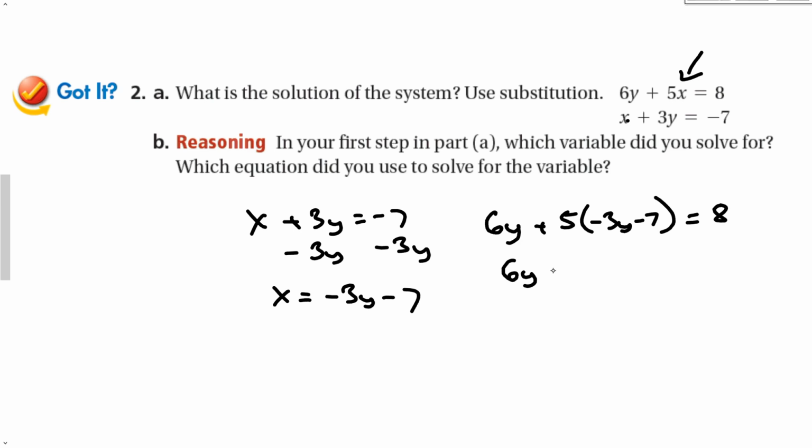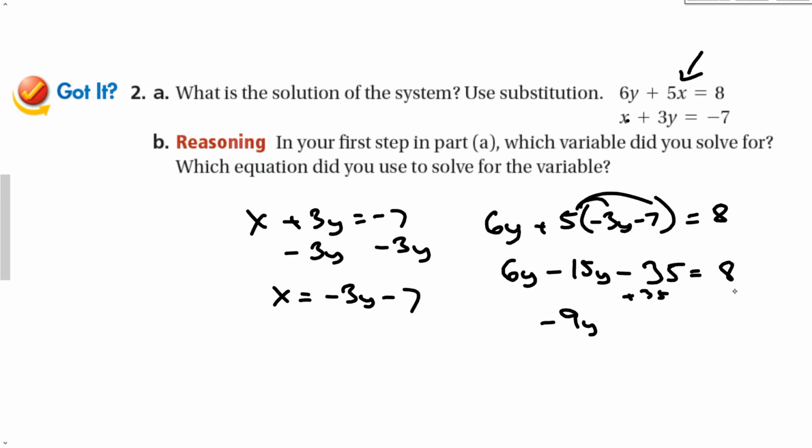So 6y minus 15y as I distribute this gives me a negative 35 is equal to 8. 6 minus 15 gives me a negative 9y.